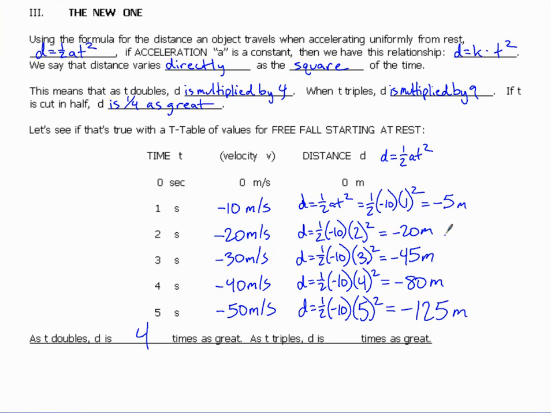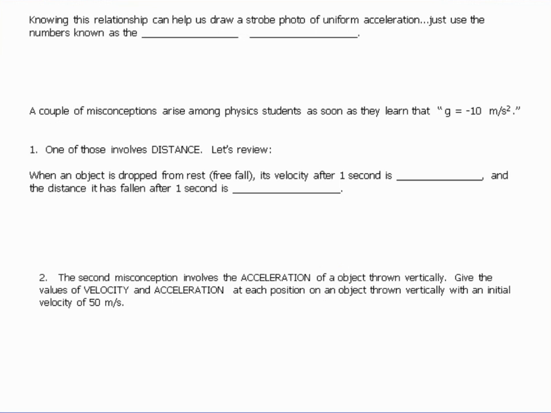The distance is multiplied by 9. It is 9 times as great. Knowing this relationship can help us draw a strobe photo for uniform acceleration. Just use the numbers known as the perfect squares.